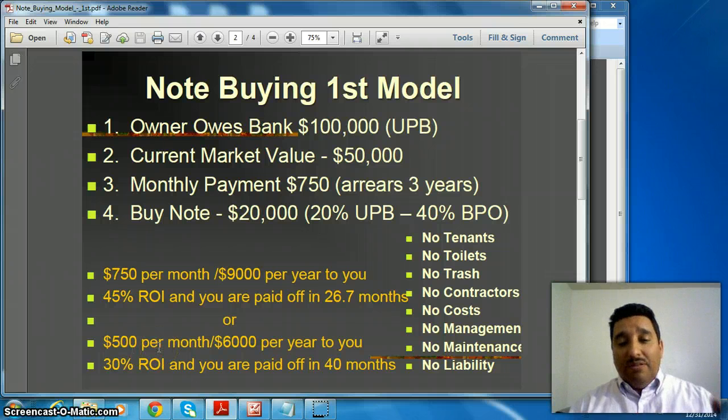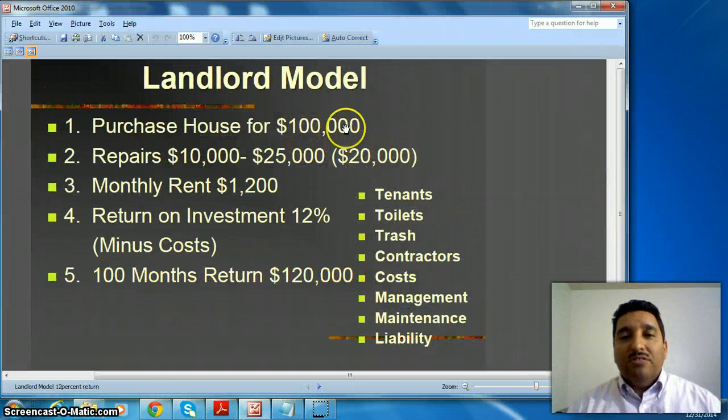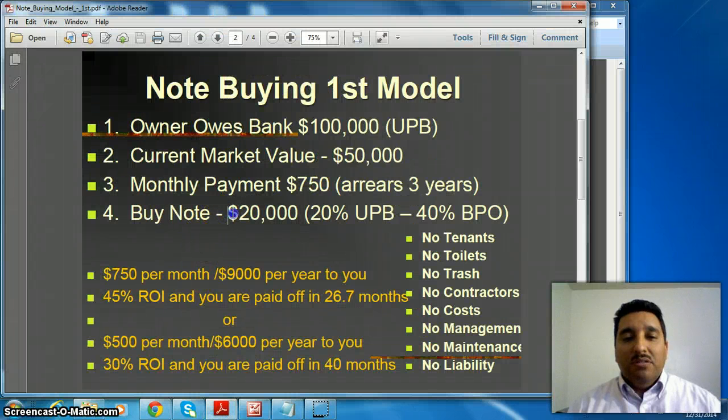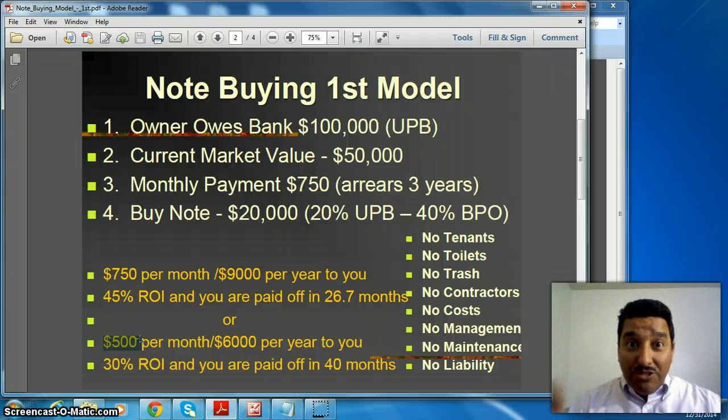Matter of fact, think about this. It's $20,000, right? How many more notes can you buy at $120,000? That's 6. You can buy 6 more of these, so that increases your profits. So say if they're paying $500 a month, that's 6 of those you can buy, right?